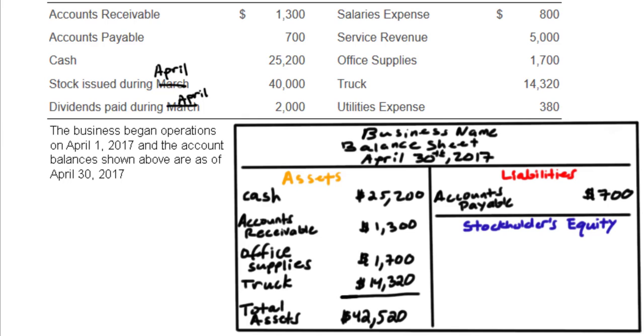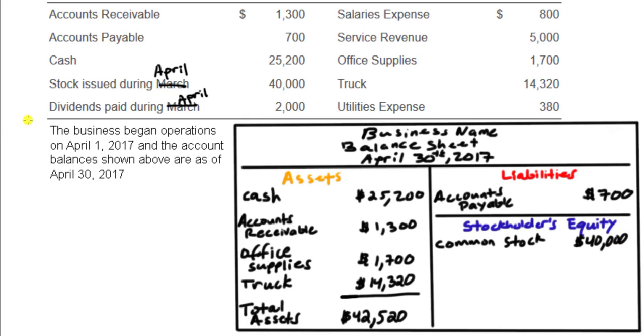So let's report the common stock portion of stockholders' equity first. As of this date, we have had $40,000 worth of external value contributed in exchange for stock. So our common stock account balance is equal to $40,000.